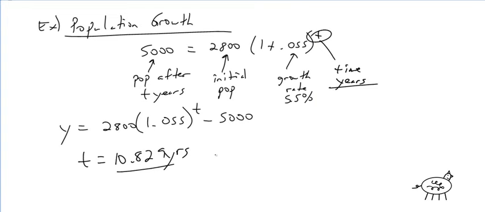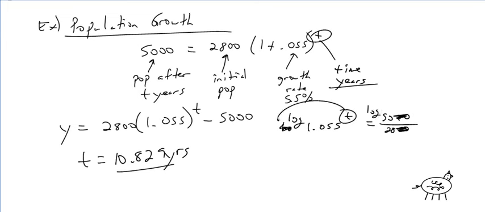Okay, and let's do it manually here. We are going to divide both sides by 2800. I don't want to take the log yet. I get 1.055 to the t power equals 5,000 over 2800, which I can cross those zeros out, right? 50 over 28, that's kind of nice. And then I'm going to take the log of both sides.